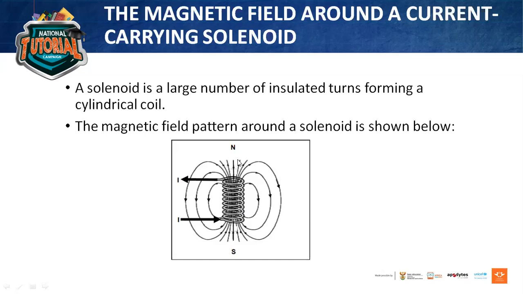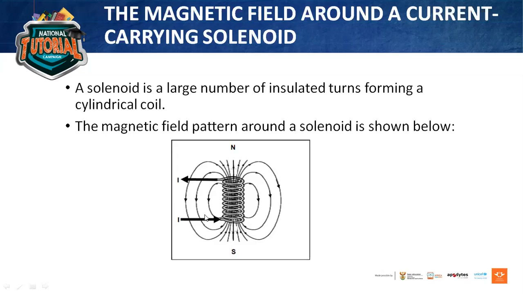So this right here is an example of a solenoid. You see, it's got many turns inside, and it's a current carrying conductor. Okay. So the magnetic field pattern around a solenoid is shown below. In this case, your current is moving in that way. So you would know that it goes up all the way and comes out on this side.